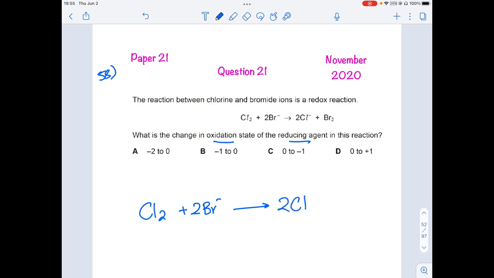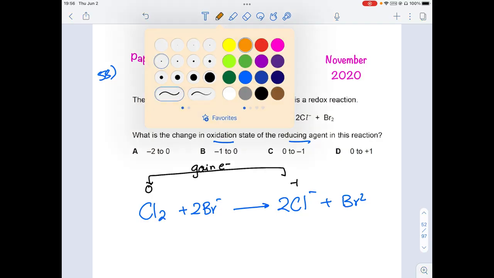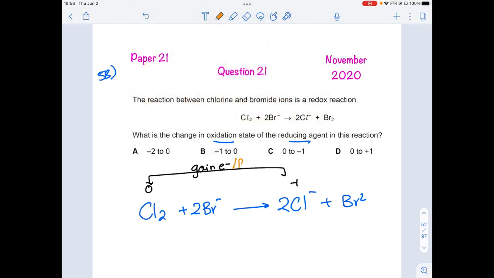Now we can see that the oxidation state of chlorine is 0. It became -1. So 0 to -1. What is the meaning of 0 to -1? It has gained electrons, which means it has undergone reduction. Only an oxidizing agent undergoes reduction. So chlorine is an oxidizing agent, but we want the reducing agent.